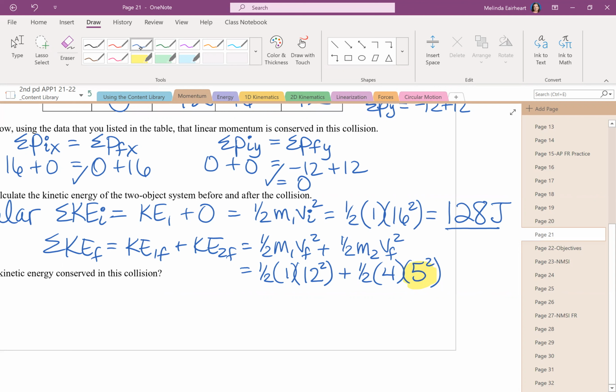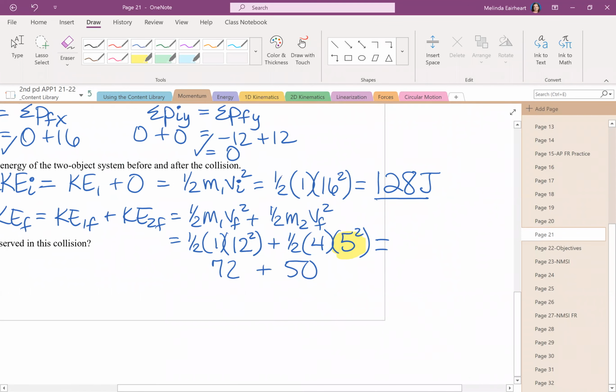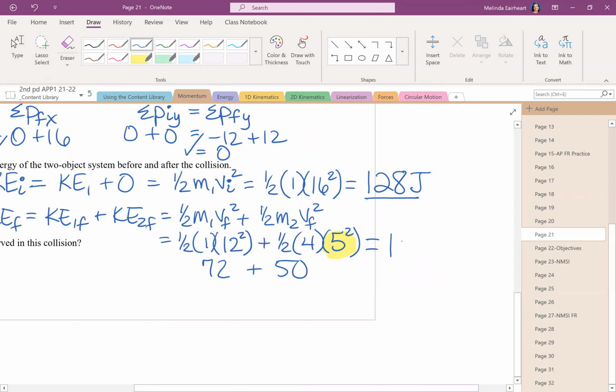And so 12 squared, half that, 72. And then we got 5 squared, 25 times 4, half that. And what is our final kinetic energy after the collision? 122.